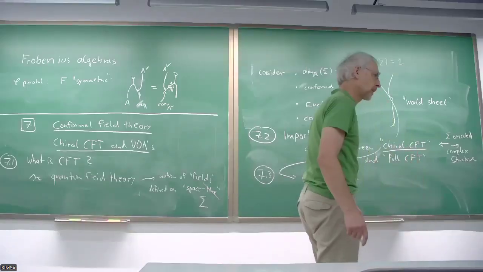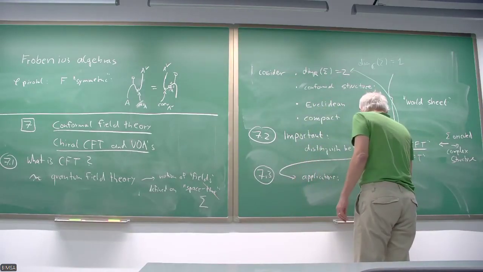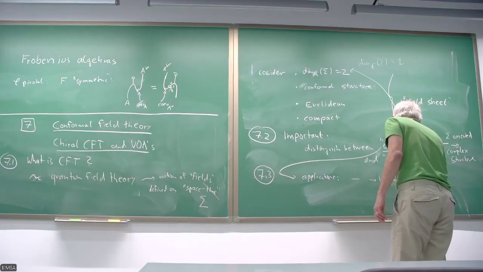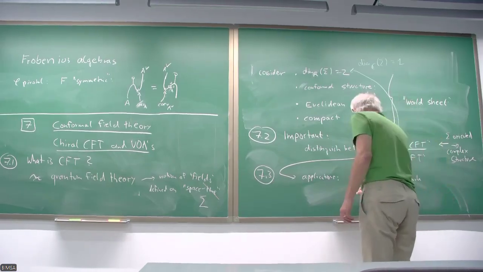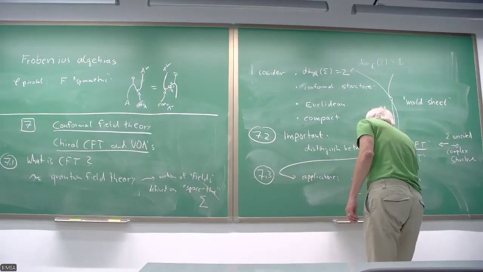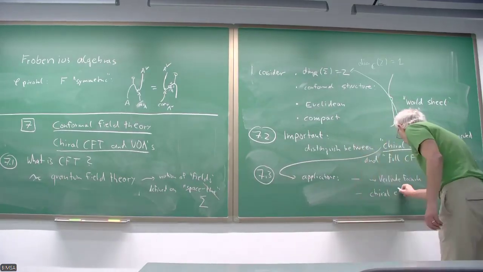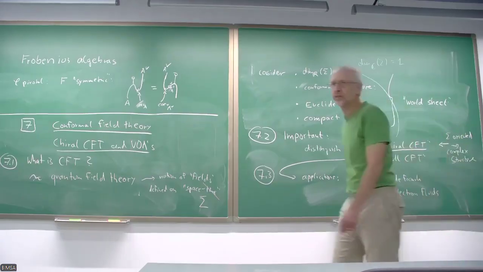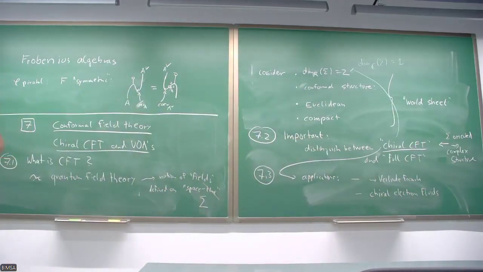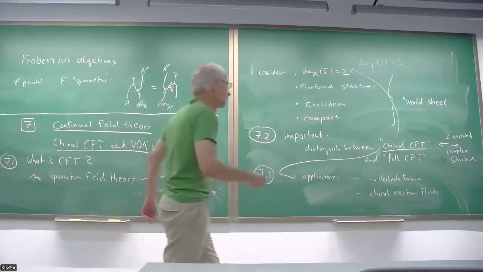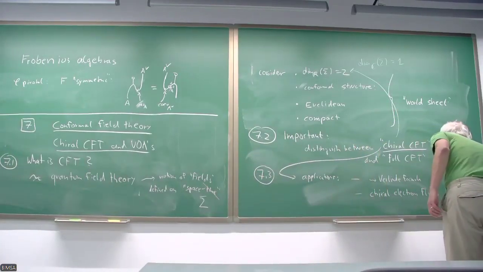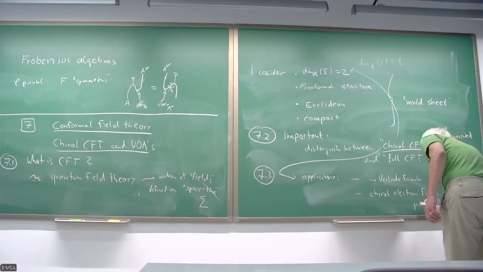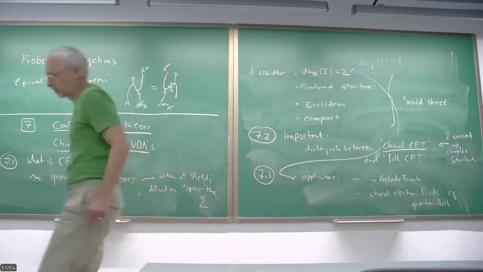One is in algebraic geometry, for example, considerations that lead to what's called the Verlinde formula, which we will encounter a bit later, and in condensed matter physics, there are systems which sometimes are called chiral electron fluids. So phases of matter with certain properties, like what you have in what is called a quantum Hall system, where it's really a highly conformal theory that is relevant.